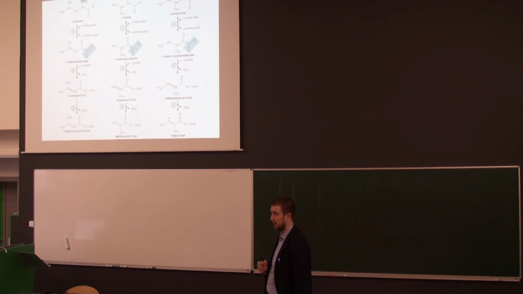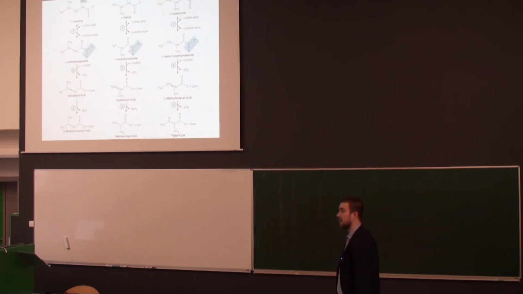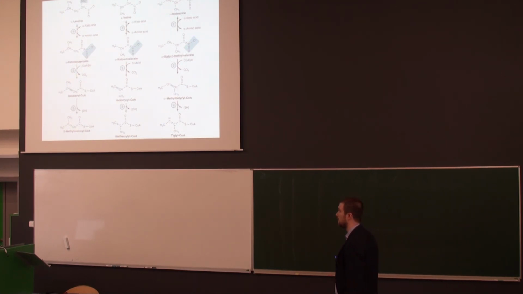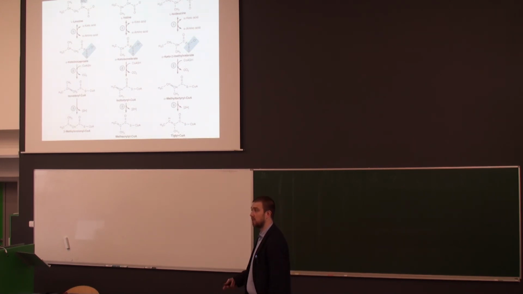branched-chain amino acids. And this enzyme, that's the enzyme that is defective in one disease that we call maple syrup urine disease. And that's one of the diseases that you will speak with genetics about. Can you repeat? Maple syrup urine disease.